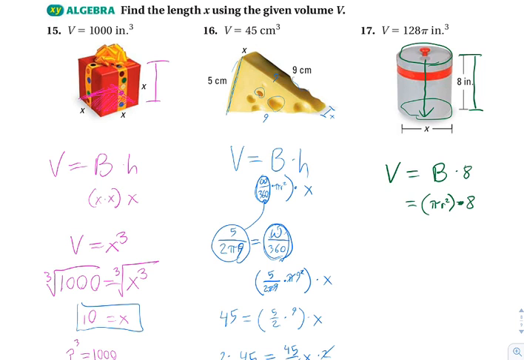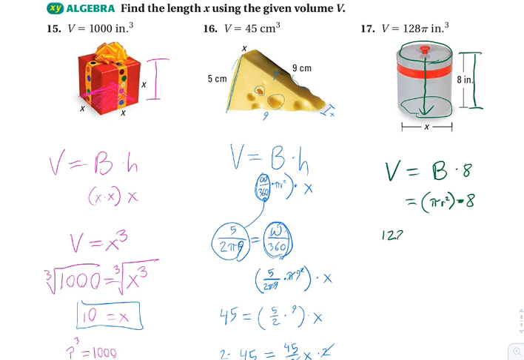So now let's plug in what we know. We know the end resulting volume is 128 pi. X is our diameter, so 1/2 of x would be our radius. Now this is going to get a little fraction heavy, but pi, and then x over 2, or 1/2 x squared, times 8.